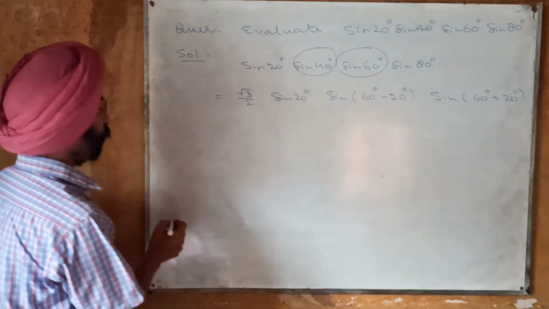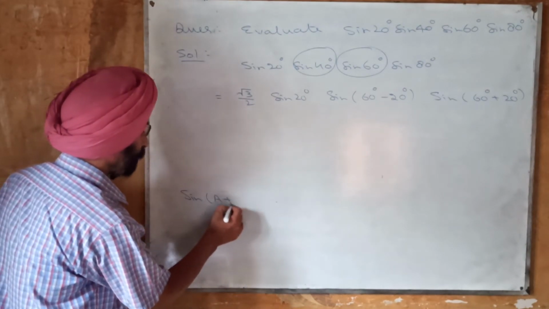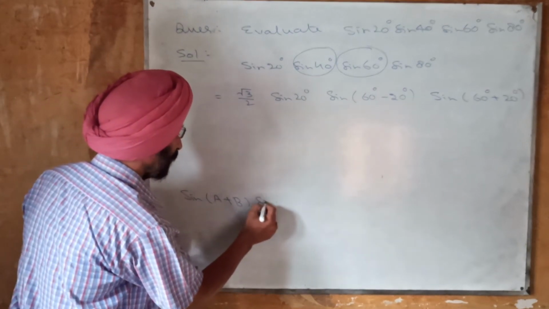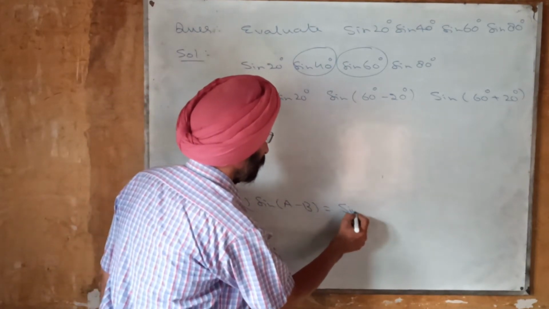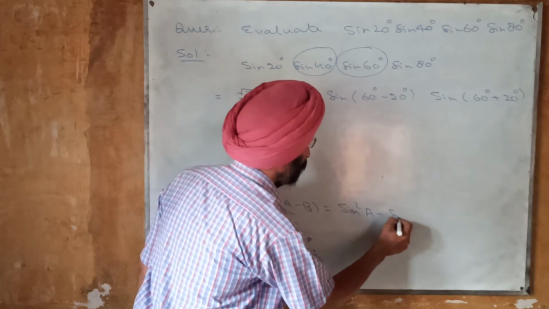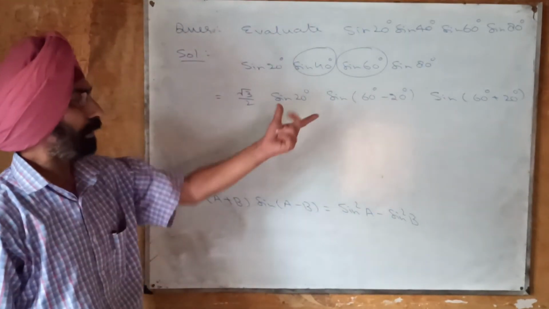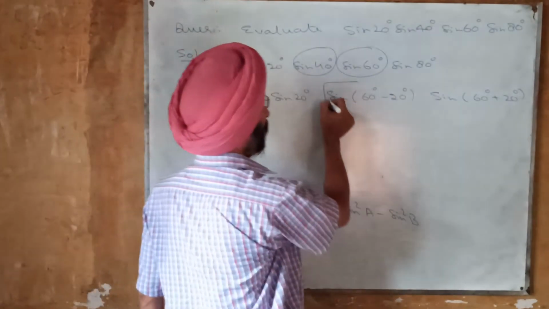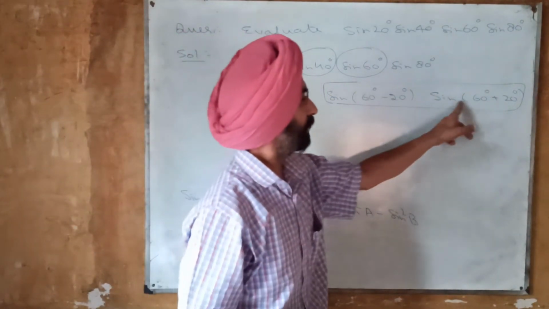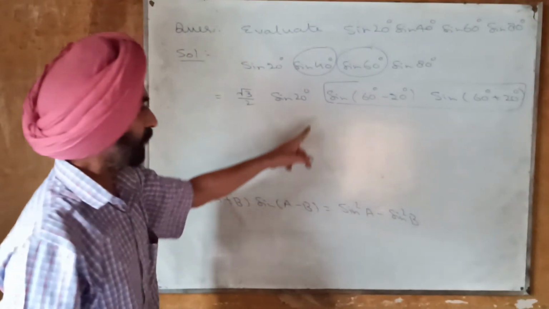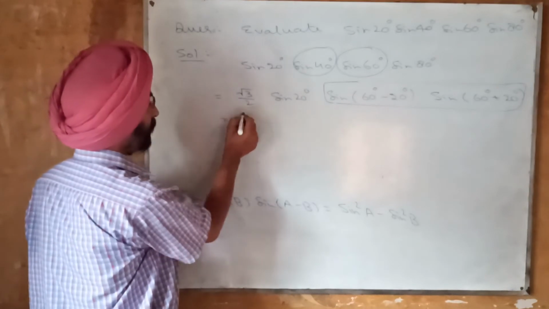Then there is a formula: sine a plus b, sine a minus b is sine square a minus sine square b. This formula I will apply here. This is sine a minus b, sine a plus b, and it will be converted into sine square a minus sine square b. Rest of the terms will remain the same.